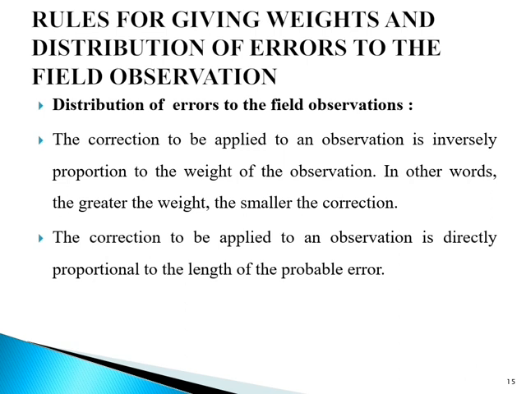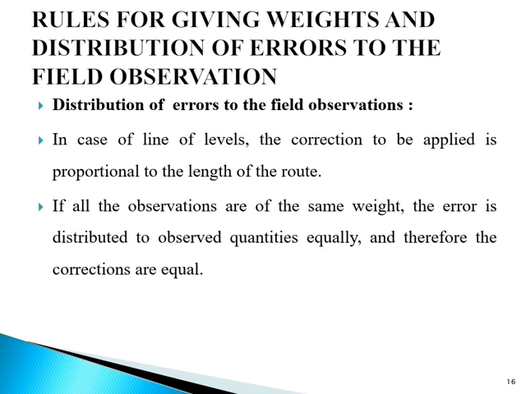The correction to be applied to an observation is inversely proportional to the weight of the observation, or in other words, the greater the weight, the smaller the correction. Next, the correction to be applied to an observation is directly proportional to the length of the probable error.